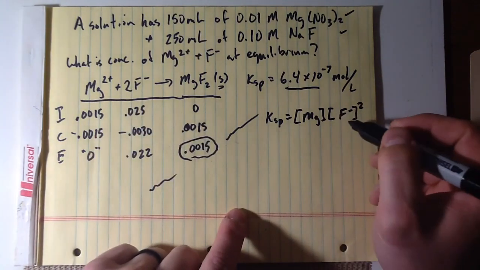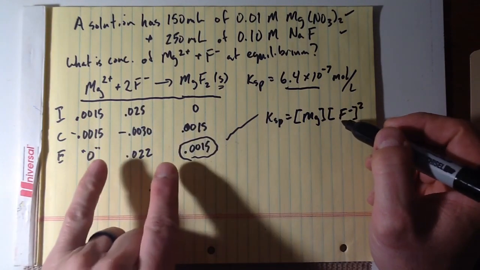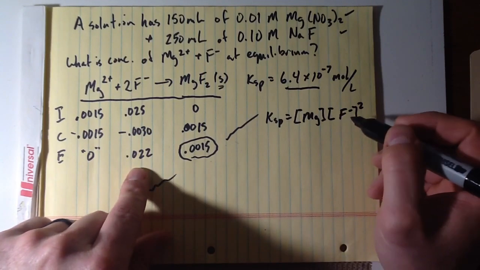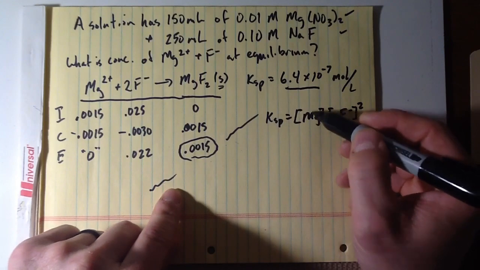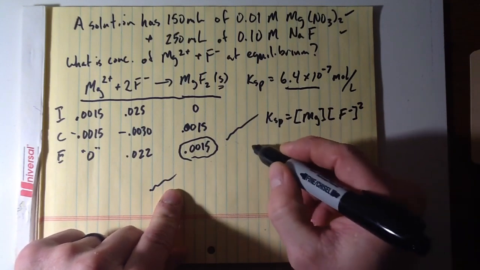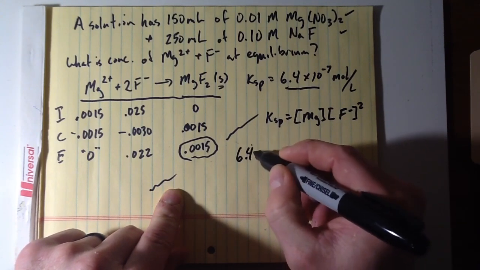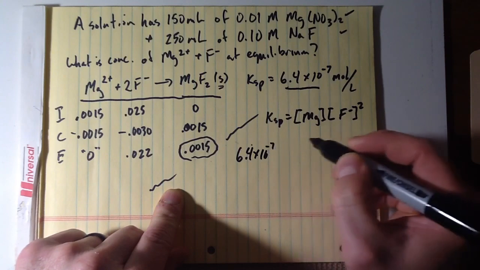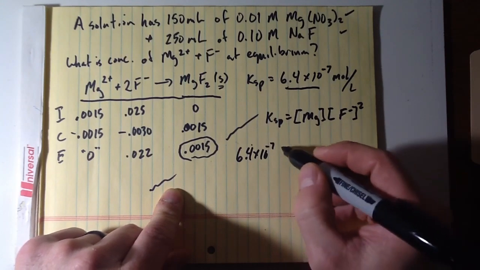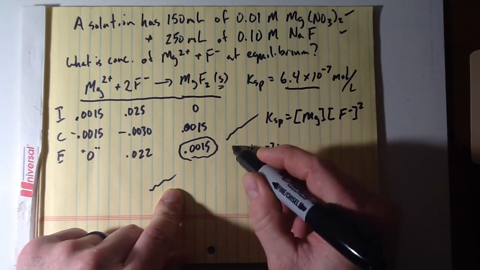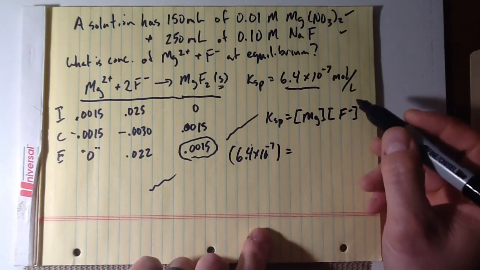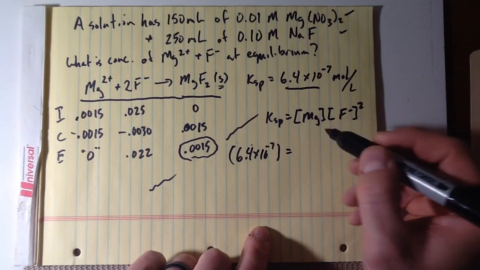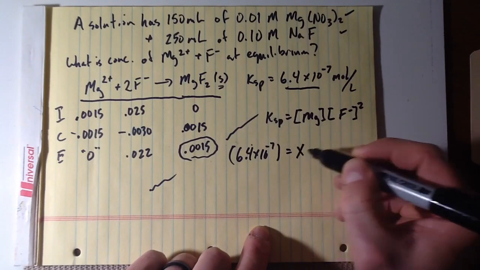So what we can do is plug in what we have from this point for fluoride, and we have KSP given, so we can solve for magnesium as our x. So we can rewrite this as 6.4 times 10 to the minus 7th. I'll keep everything in molarity, and we're going to take the magnesium as x.